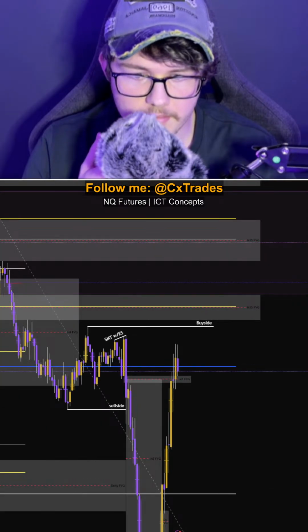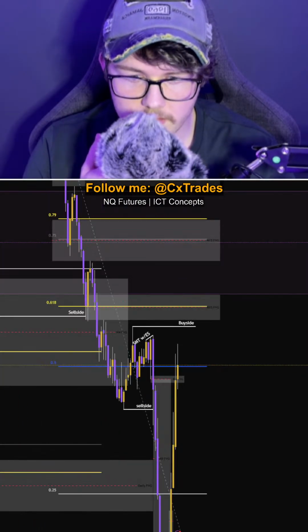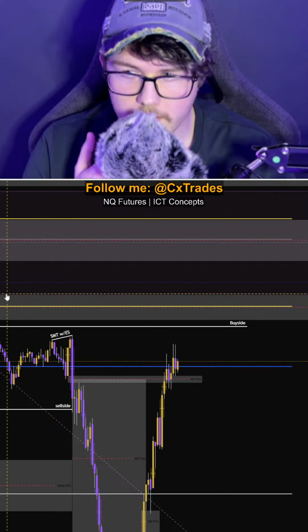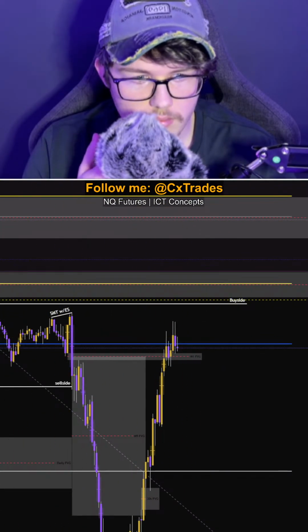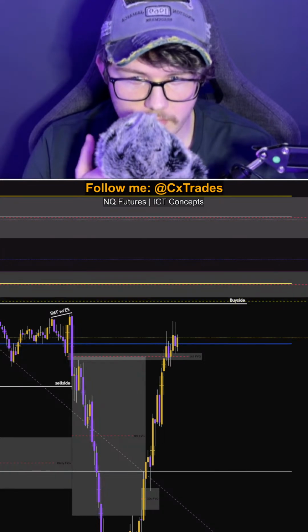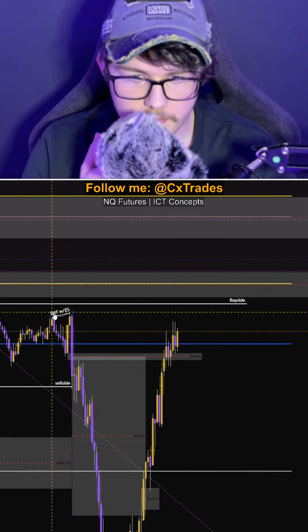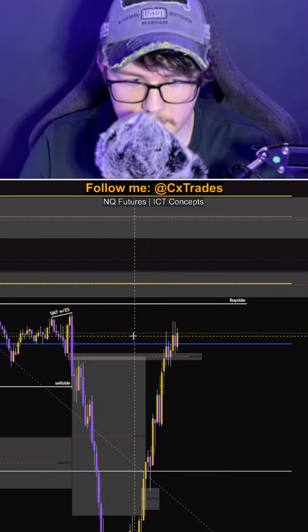ES was the same. There's not really any longs that you could take on ES. There is an SMT here though. Price is currently running up higher though, so it may not matter.